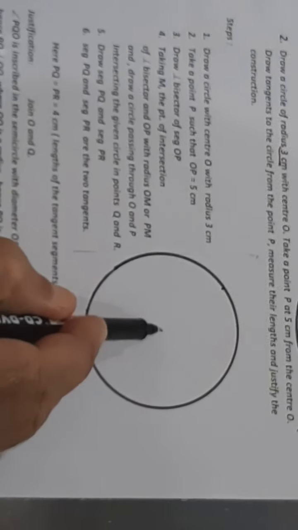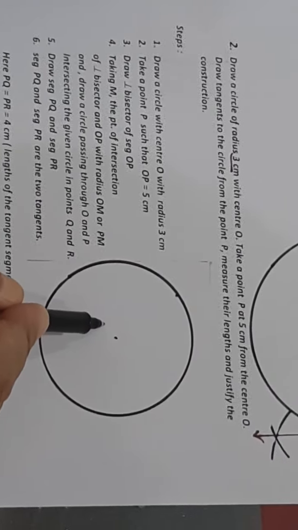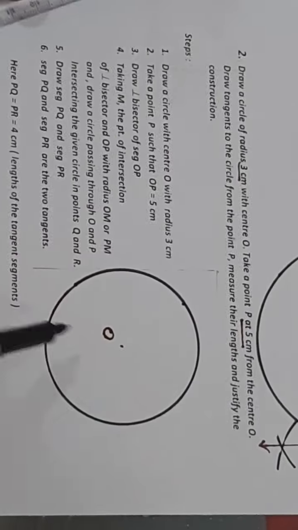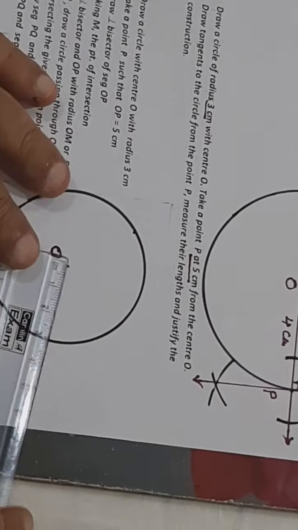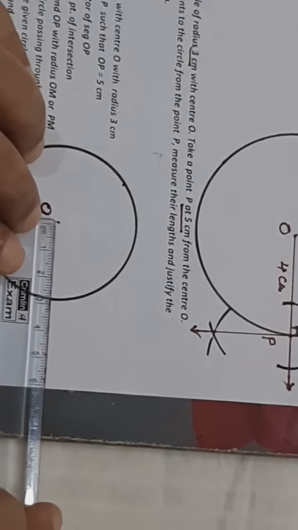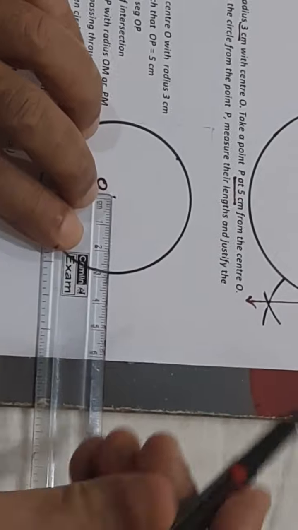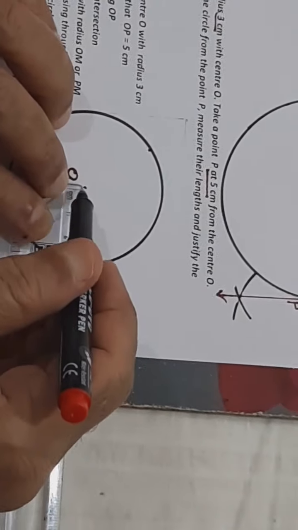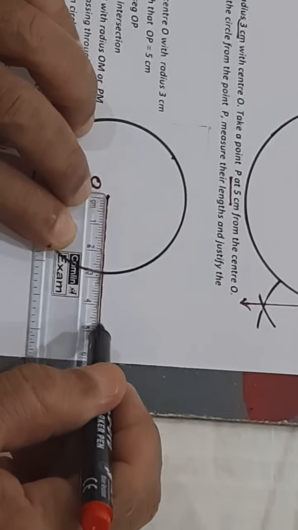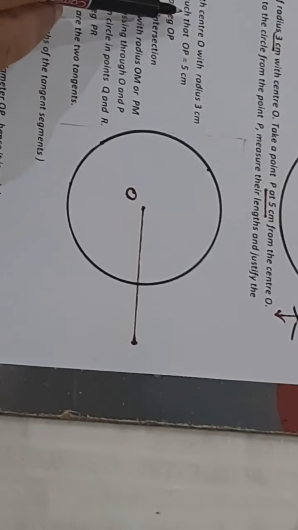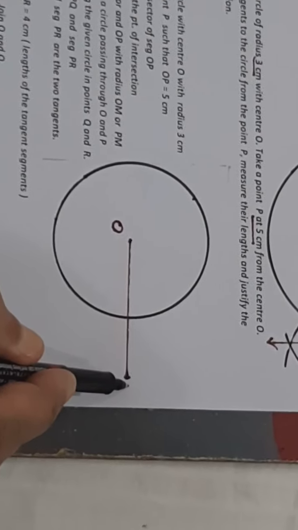Take this as the center O. Now we have to take a point 5 centimeter from the center. So you just keep the ruler at O and take 5 centimeter point. So this is the 5 centimeter point. Now we will draw this one. Draw a circle with center O with radius 3. Take a point P such that OP is 5 centimeter. This is a point P.